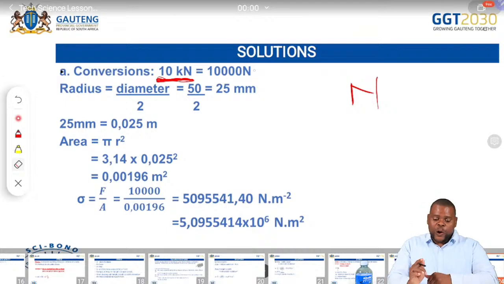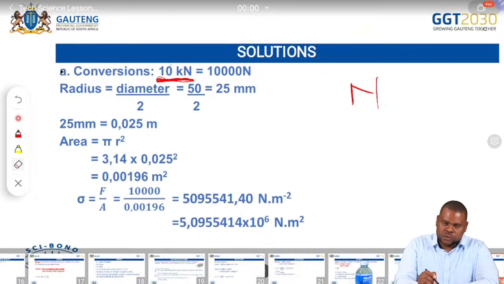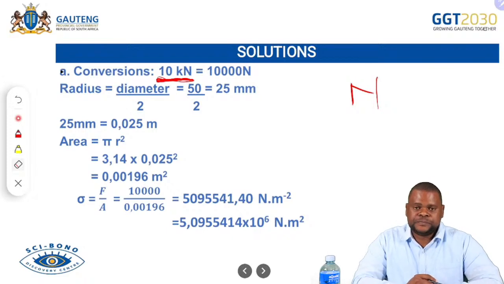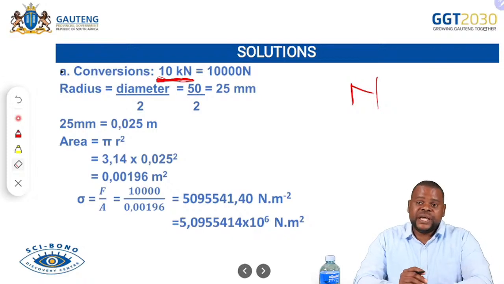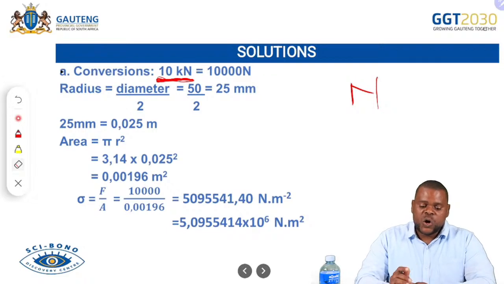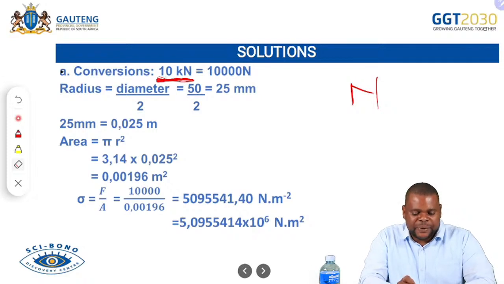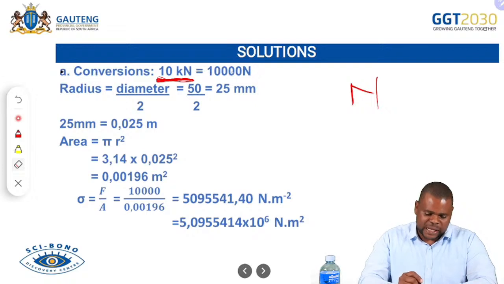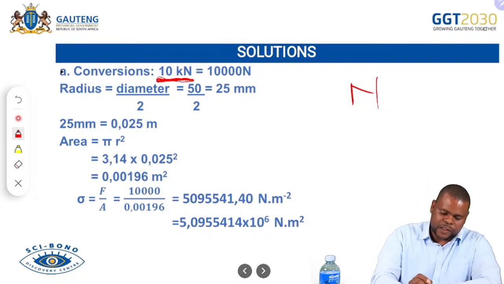Always when you see kilo, you must know that it means 1,000. In physical science, and in technical science, kilo means 1,000. That is why at the beginning we had 10 kilonewtons, and now we have 10,000.